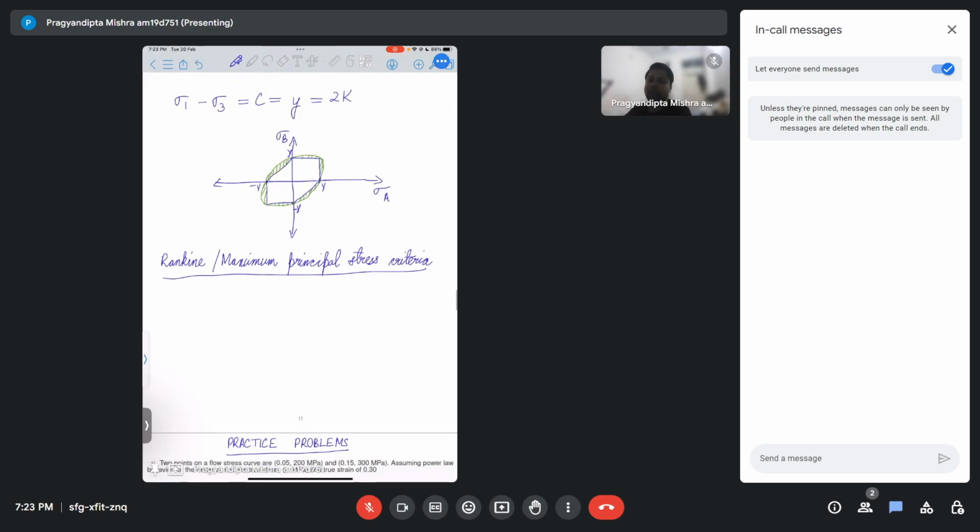Now, what this states is that yielding will occur when the maximum principal stress at any point reaches the yield limit of the material.